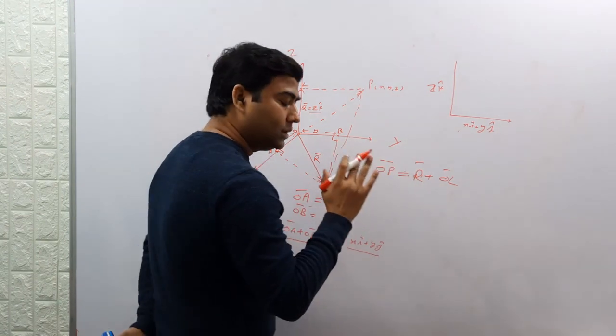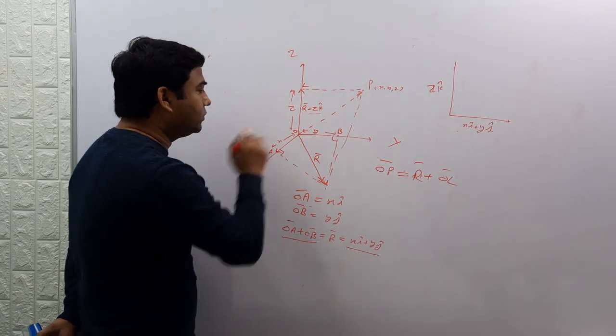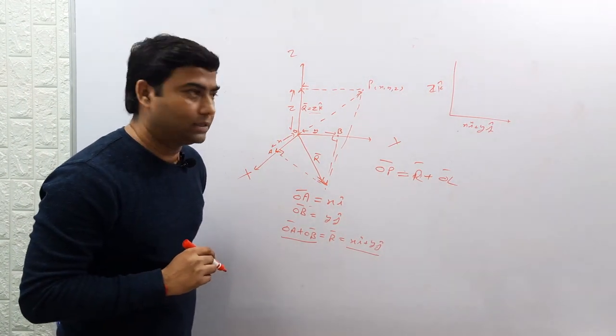This will be a rectangle, because these vectors are all perpendicular to each other, x, y, z.